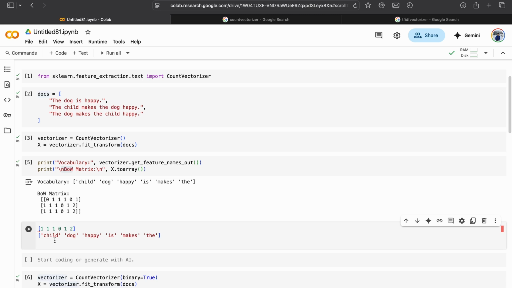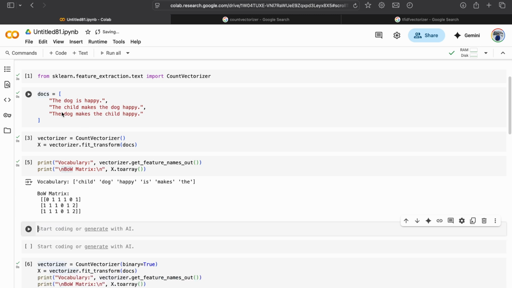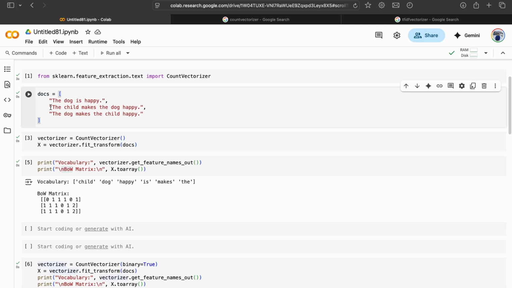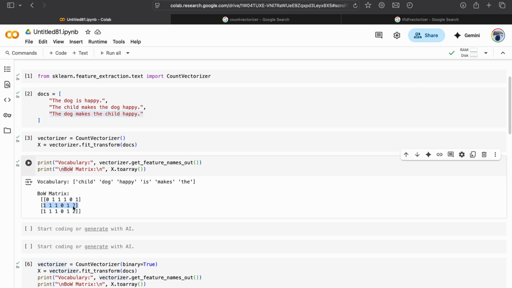You can see here as well, for the last two sentences, document 2 and document 3, those are two different sentences. But for both of them we are getting the same representation.